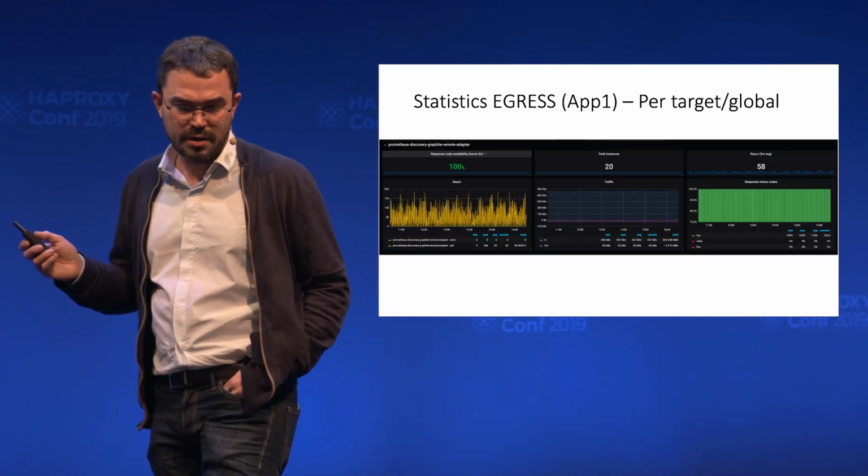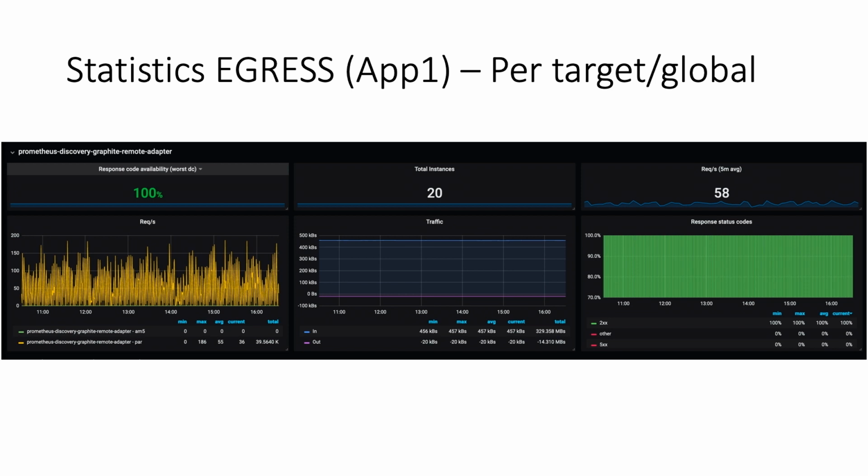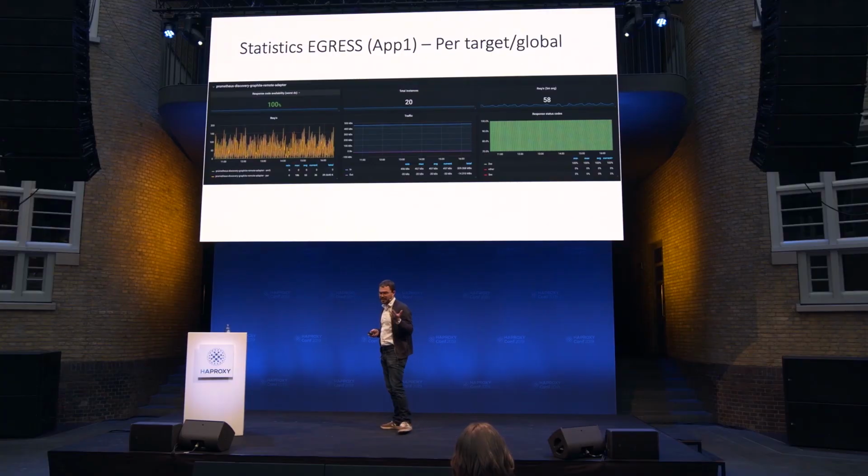So it's a small capture of one of our systems for egress. Application 1 has the statistics for application 1 sending requests to service 1. So it shows, of course, the number of requests per second, the in and out traffic, and the response code with statistics for everybody.